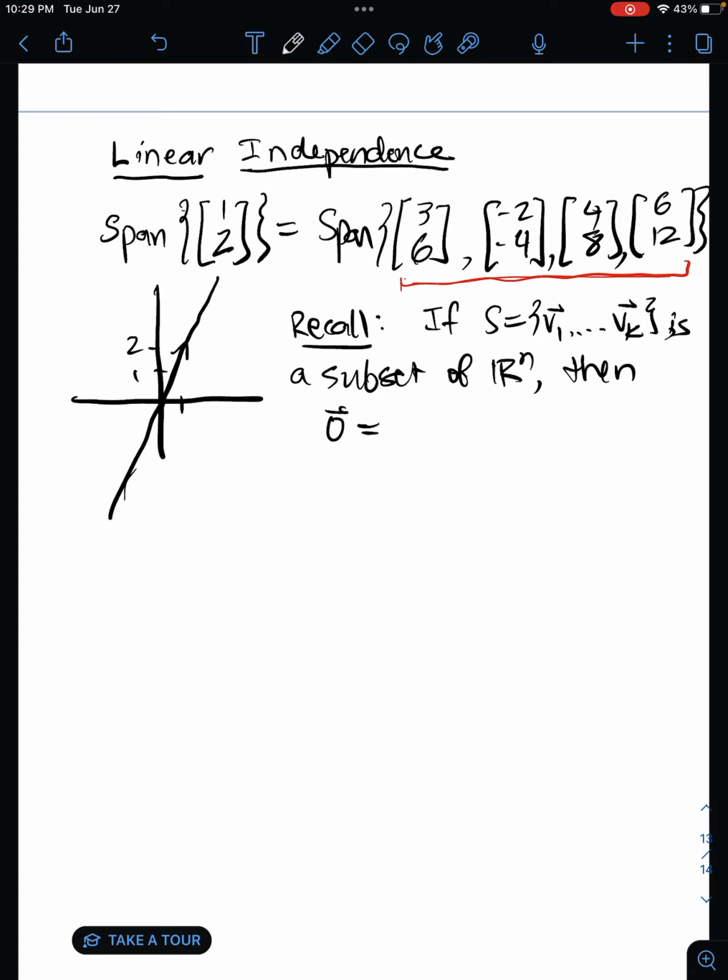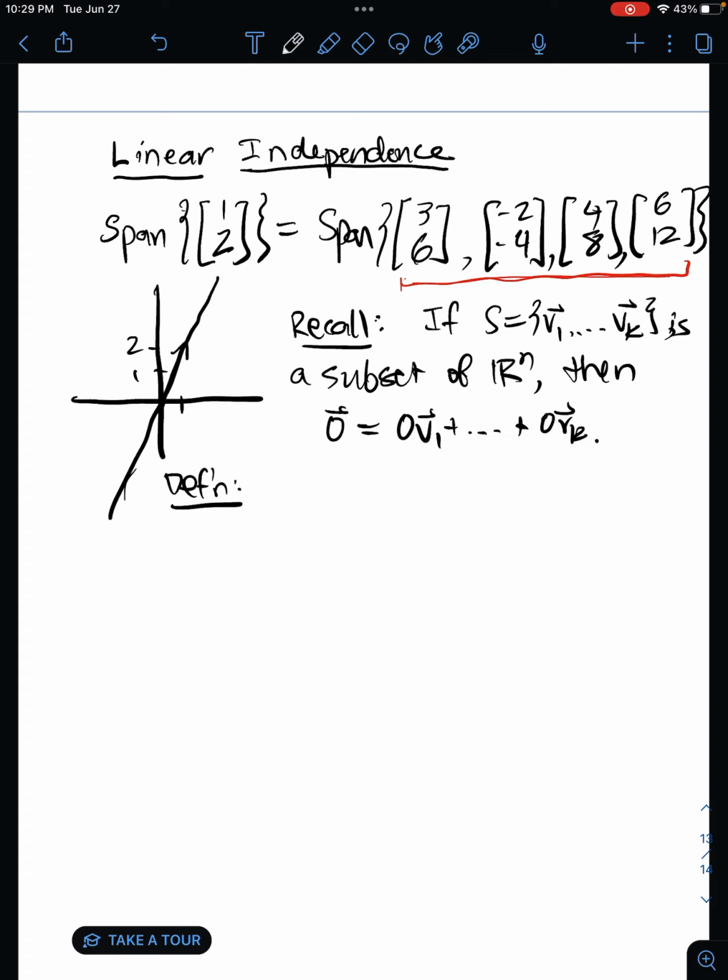How can you write the zero vector as a linear combination of v1 through vk? No matter what v1 through vk are, you can take 0 v1 plus ... plus 0 vk. But depending on the set, this might be the only way you can do it. So I'll now come to the definition.